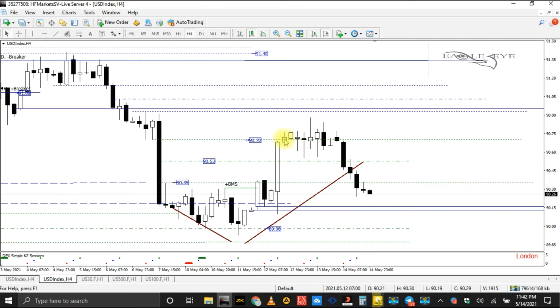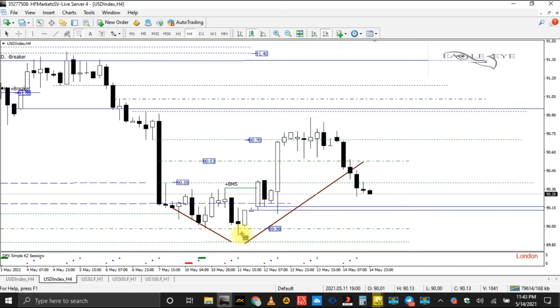Then price had a little consolidation, then we had a pullback, a consolidation expansion, which I am considering as a pullback or a retracement from this price swing from this low to that high.